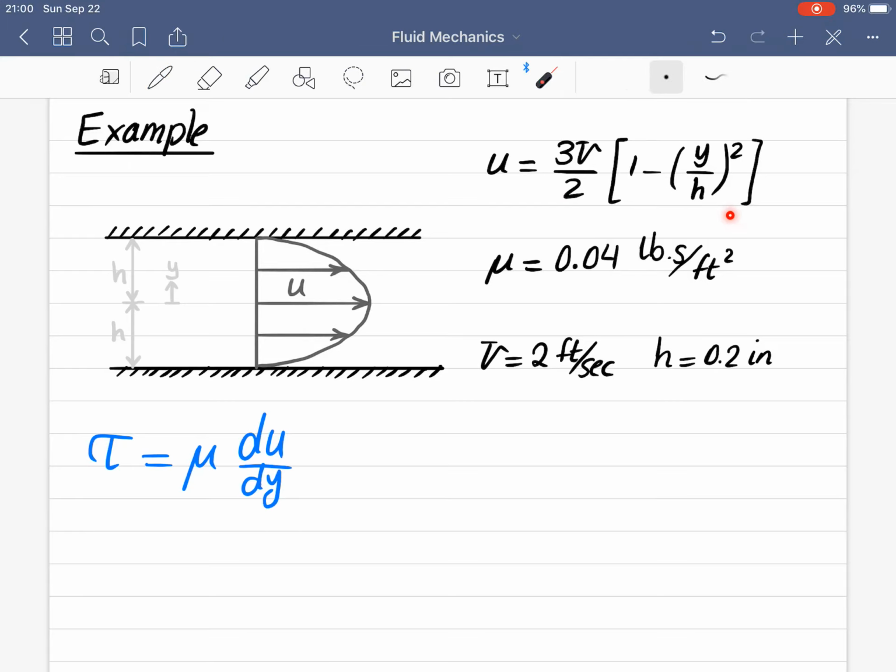Here we have the velocity profile. So the velocity gradient would be equal to minus 3v divided by h squared times y.